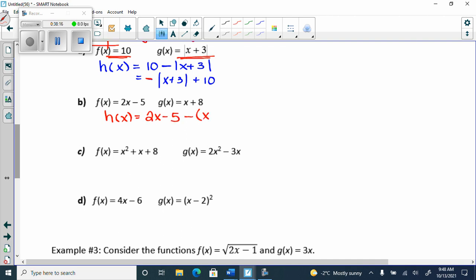So I have to minus the whole of g of x, do I not? Not just the x. So you have to watch yourselves. Whenever there's more than a monomial behind as g, you have to distribute. So we're actually going to get 2x minus 5 minus x minus 8. And when we collect like terms, 2x minus x is x, minus 13.